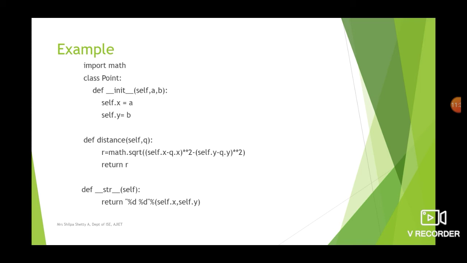For example, when I write print p1, if suppose x and y values of p1 are 10 and 20, then the value that would be returned by this function is 10 space 20. So what happens? That value 10, 20 will get printed by the print function.